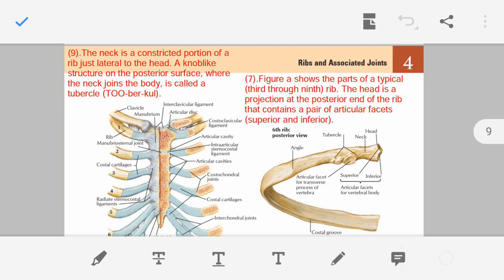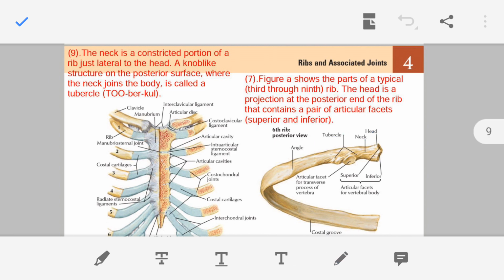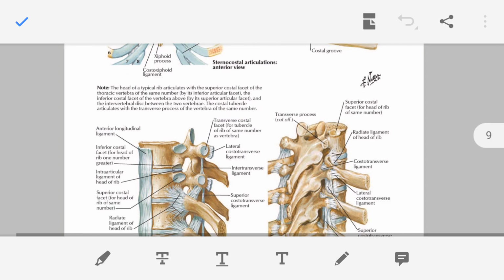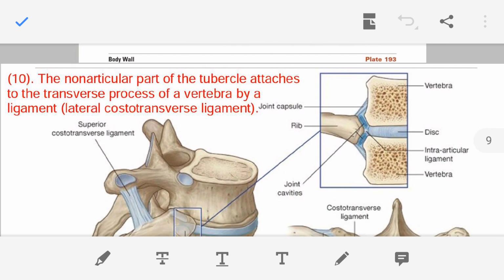So this is the tubercle which is present after the neck, and it is the knob-like structure. So this is the ninth point of our discussion, which is regarding the neck and tubercle. Okay, now moving on to the 10th point of our discussion.